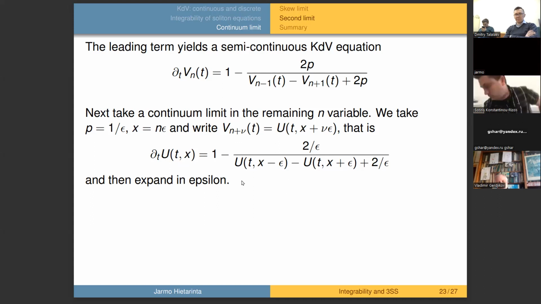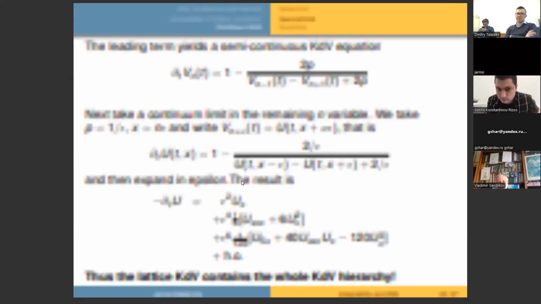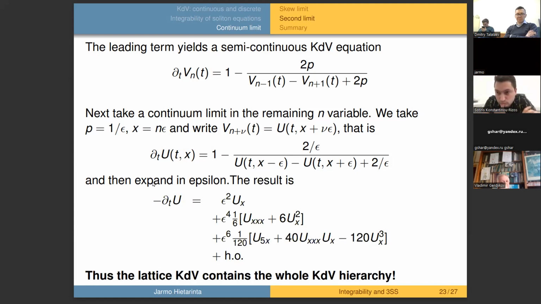Okay, and what happens? We get this expansion. I changed some signs here. Minus d_t u is the expansion on this side: epsilon squared u_x, epsilon fourth, looks familiar, epsilon 6, this is also something familiar. So we get the whole hierarchy when we expand in epsilon. Would you believe that?